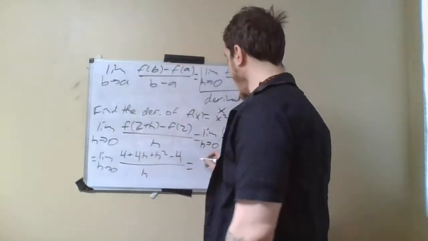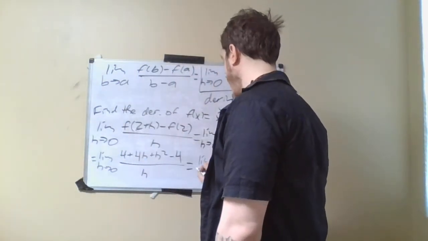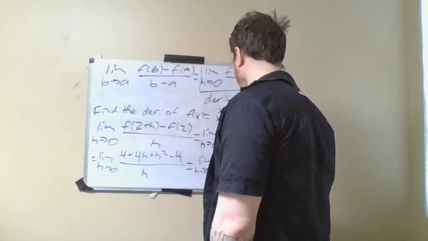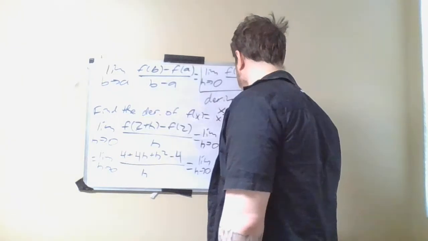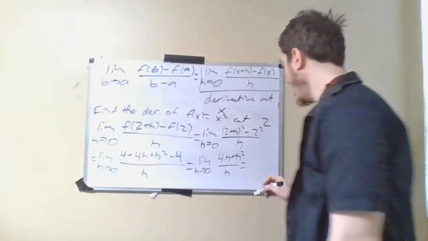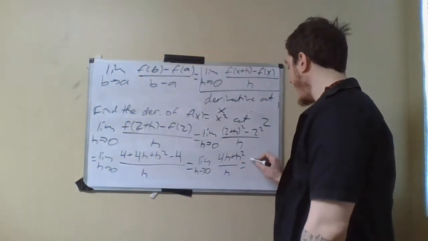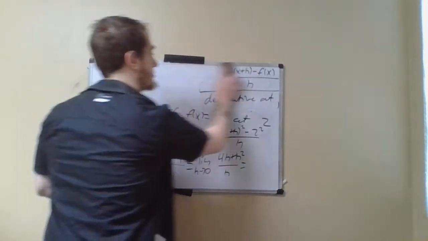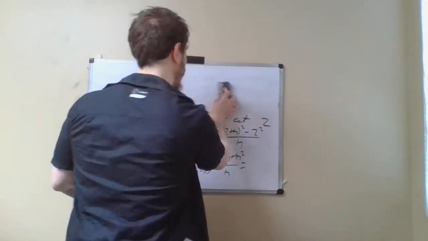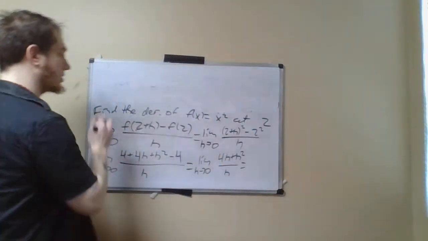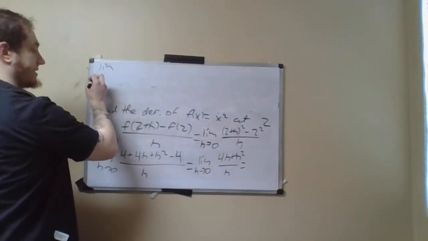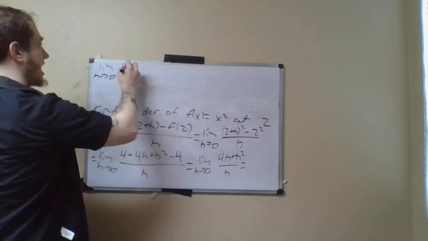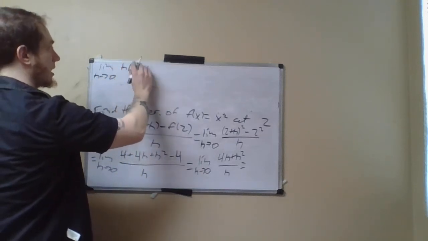Now, the 4's cancel, and this leaves me with the limit as h approaches 0 of 4h plus h squared divided by h. But you'll notice now that I can factor out an h. And in fact, let's rewrite this up at the top because I am running out of space here. So this is going to be the limit as h approaches 0 of h times (4 plus h) divided by h.